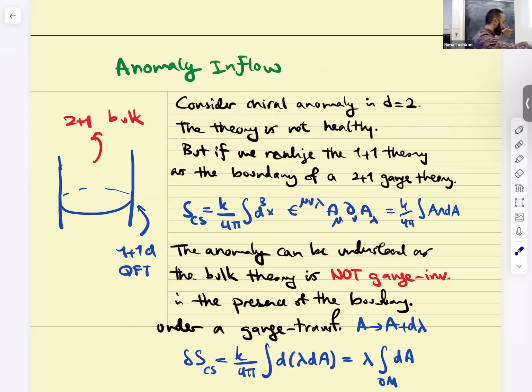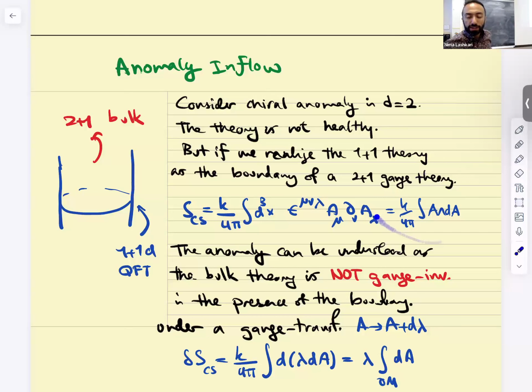So this is the boundary value of the fields on the 2+1 dimensional fields. And there is an action you can write for the bulk gauge fields, namely the Chern-Simons action.